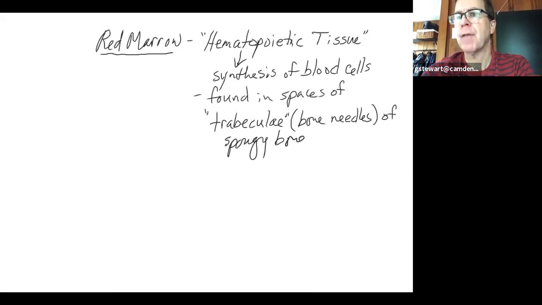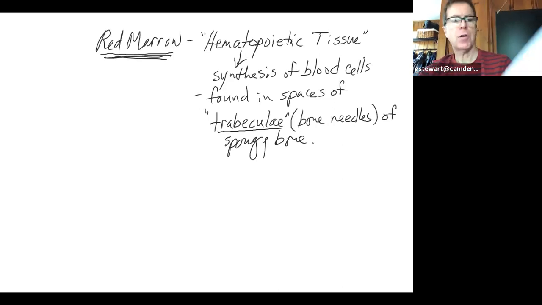I've drawn spongy bone for you several times. Those little bone needles have a scientific name. They're called trabeculae. And in the spaces between those trabeculae, we find red marrow, this hematopoietic blood cell synthesizing tissue.